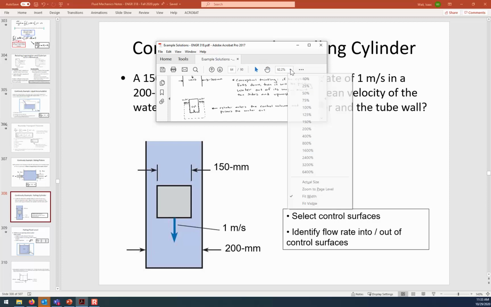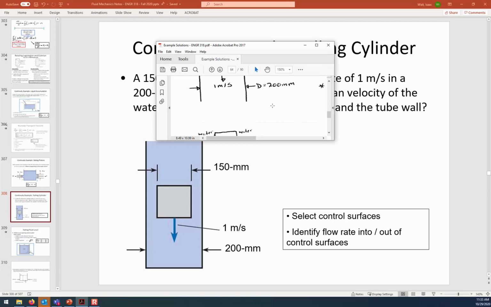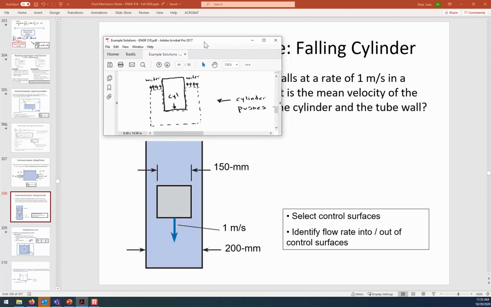That's pretty small, right? Let's make it a little bit bigger. Okay, so the control surfaces are those dashed lines that are the locations where we're tracking the flow in versus the flow out. So what I'm saying is our control surfaces should be drawn so that as the cylinder falls down, it enters the control volume and it pushes water out, kind of like the way a syringe works.